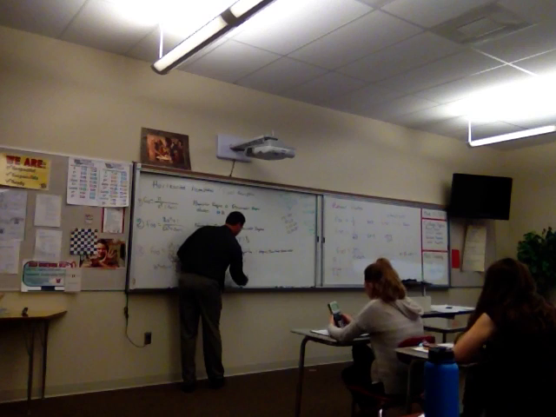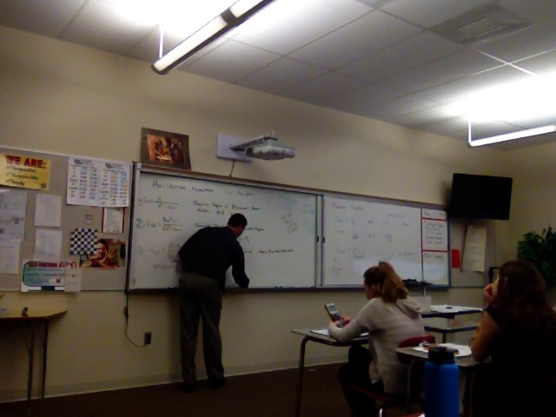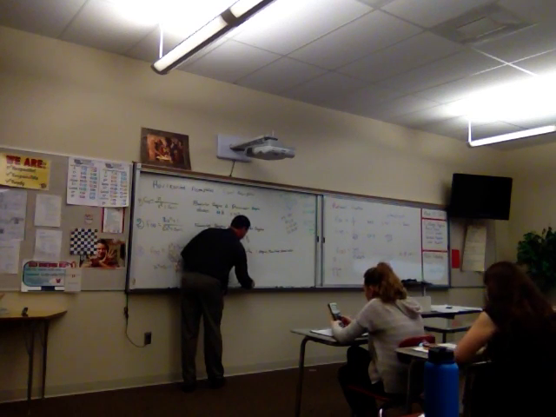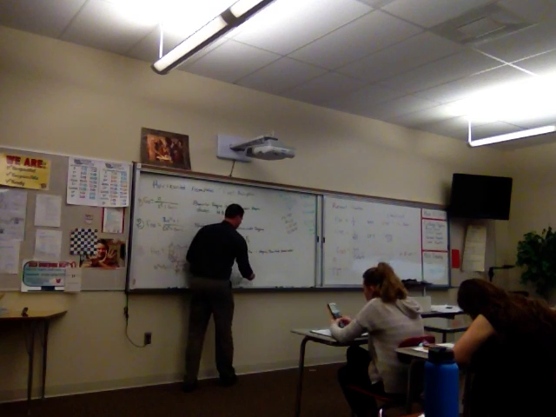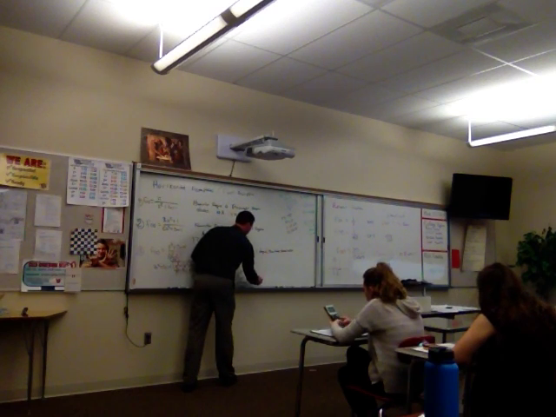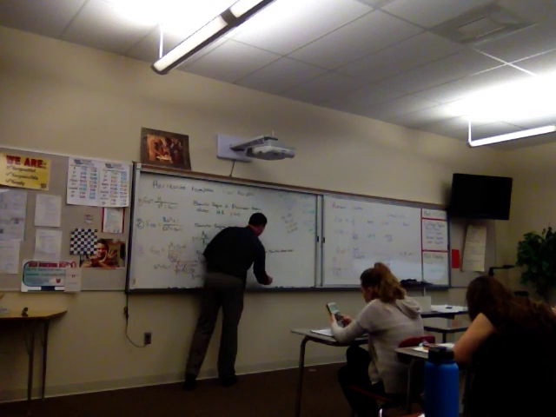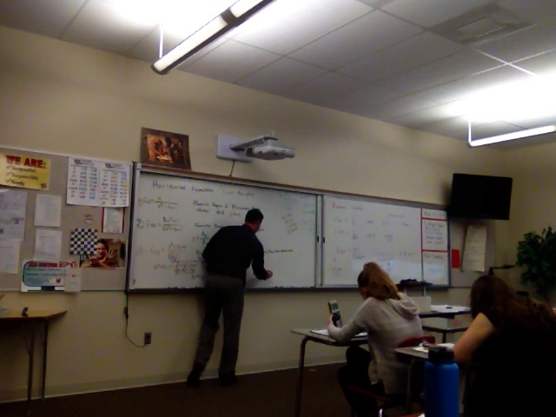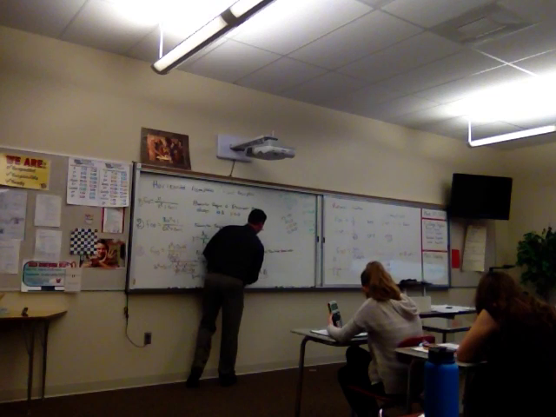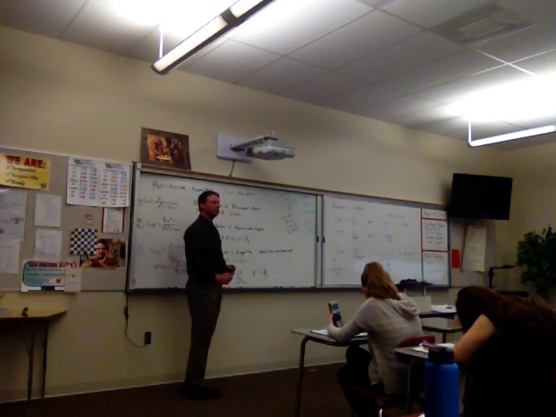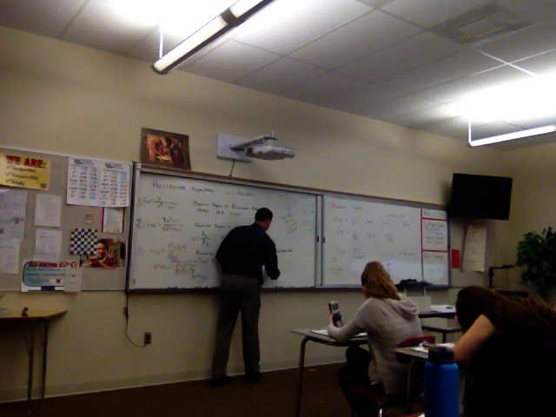If you have something like this where it's x to the 5th over x cubed plus 2x, whatever, it doesn't matter what it is, the numerator degree is bigger than the denominator degree, and it's not bigger by 1.